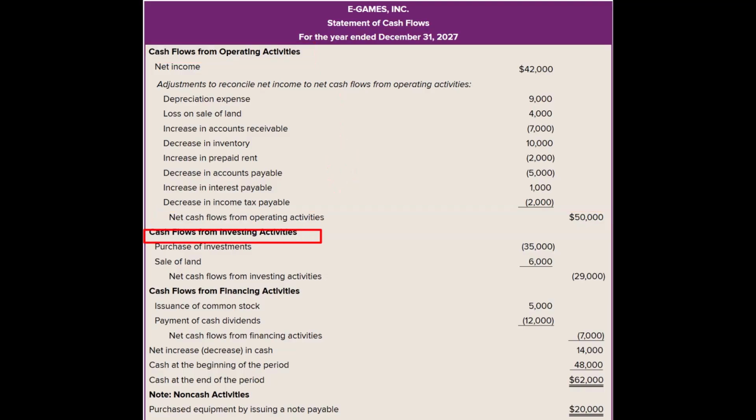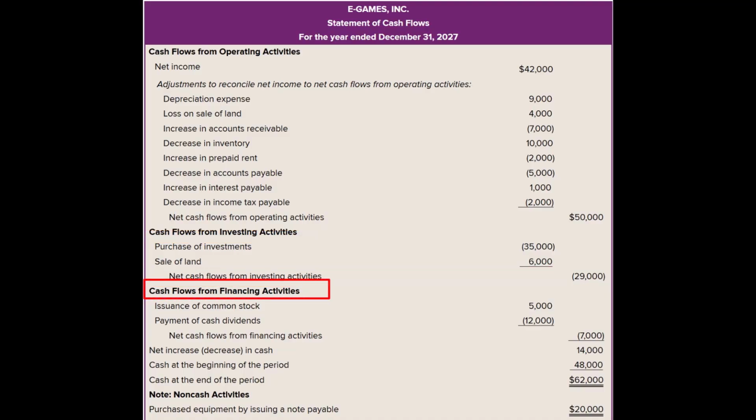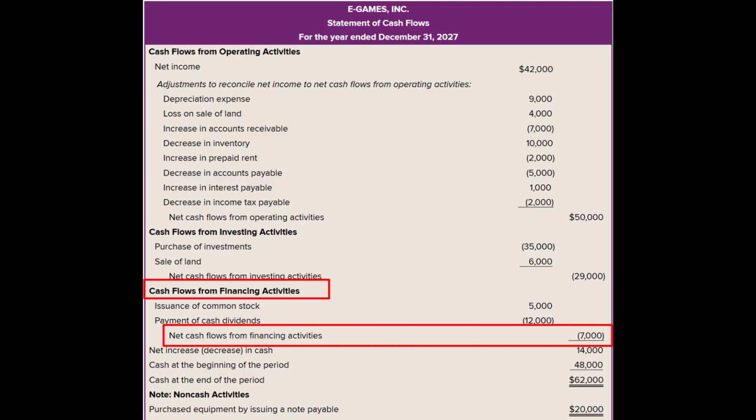Under cash flows from investing activities, you see the purchase of investments, an outflow, and the sale of land, an inflow. The net result is a cash outflow of $29,000. And under cash flows from financing activities, we see the company issued common stock, an inflow, and paid cash dividends, an outflow. The net result here is a $7,000 outflow.